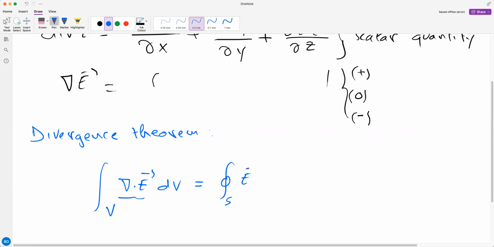We have seen this in physics 207 in Gauss's law. So this is the divergence theorem.